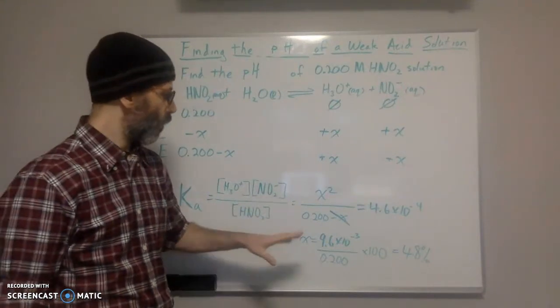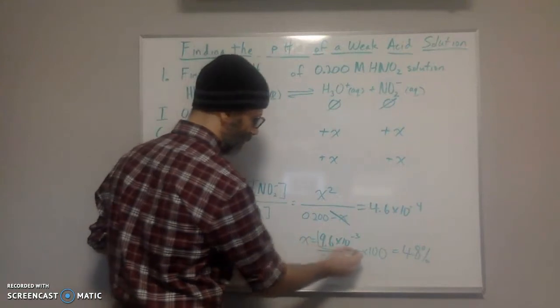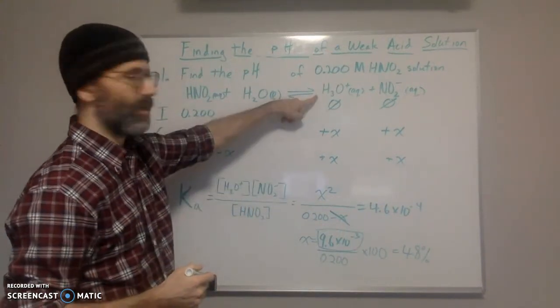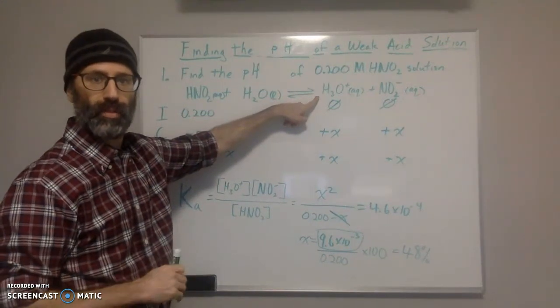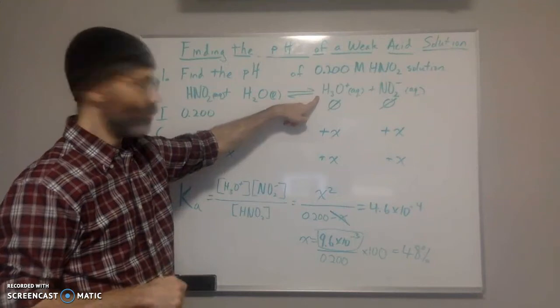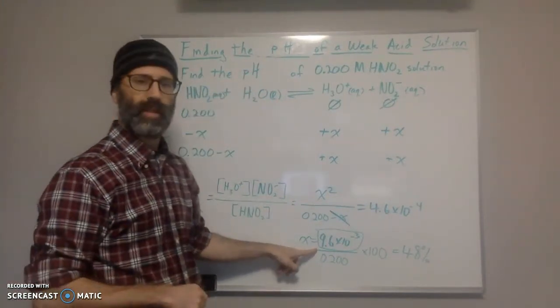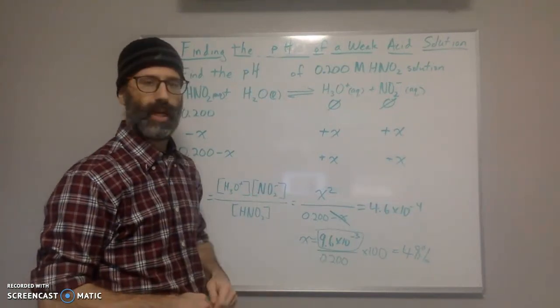So good, we got our x value. x is the same as our hydronium ion concentration. So to find the pH, which is what we're asked for, we just take the negative log of 9.6 times 10 to the negative 3.